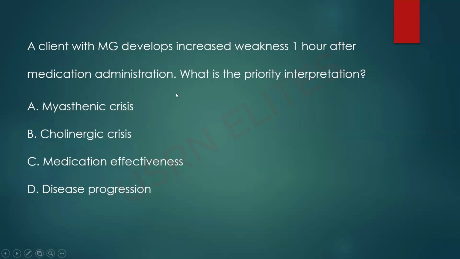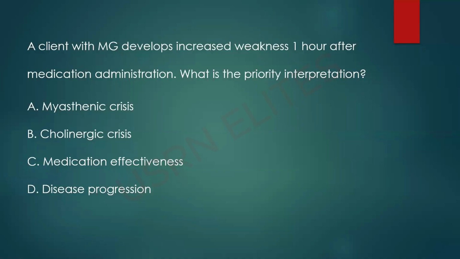Let us take it exactly as it is. With the characteristic described here, what do you think it's in line with? Is it not cholinergic crisis? Yes, it's in line with B.